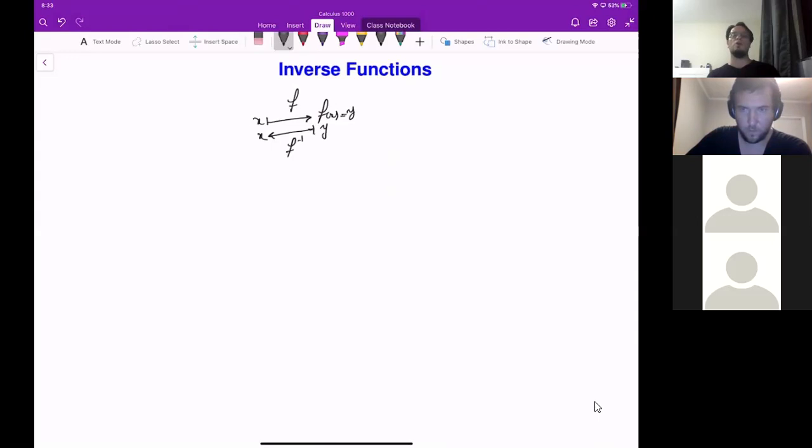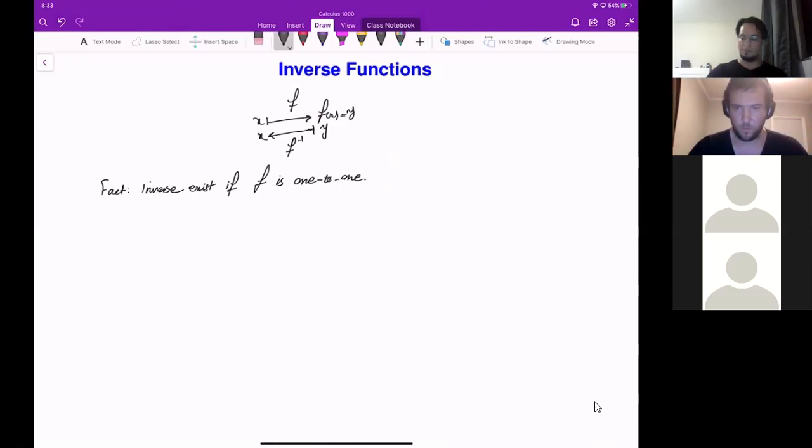Such a thing is called the inverse function. The first thing is that an inverse function exists if f is 1 to 1.